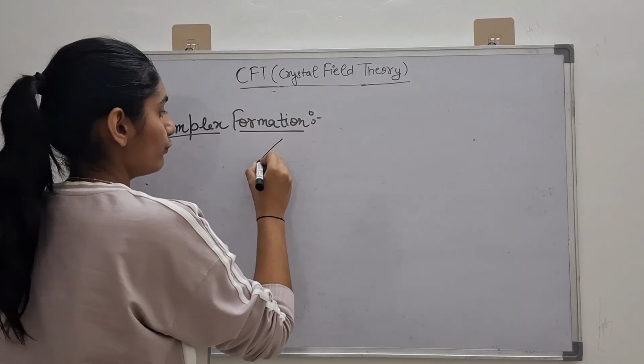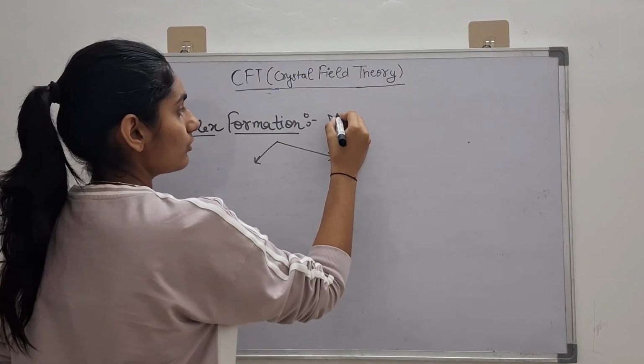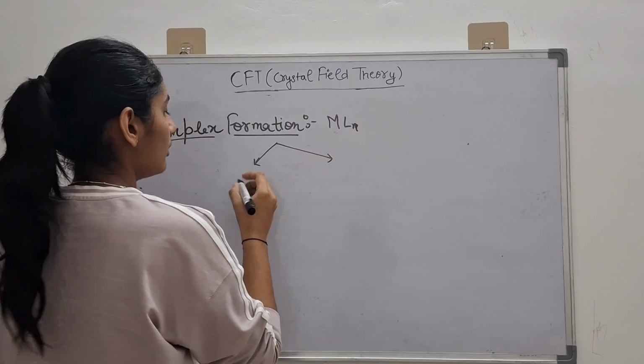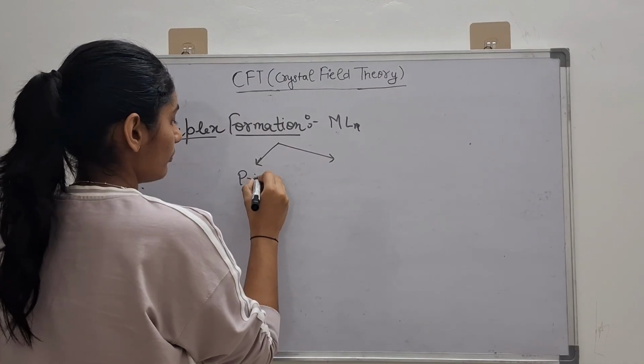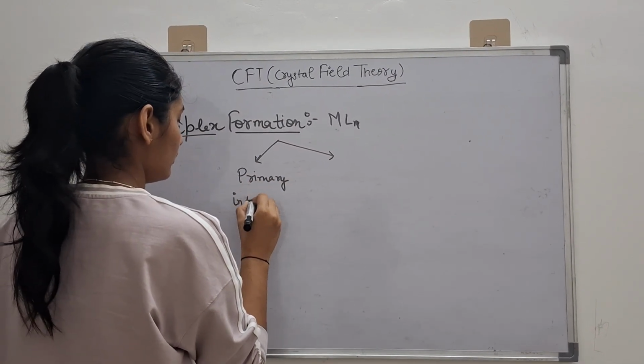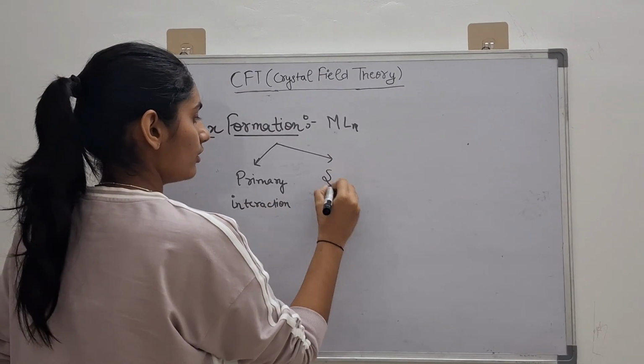Complex formation means a metal-ligand complex, and it involves two types of interactions: primary interaction and secondary interaction.